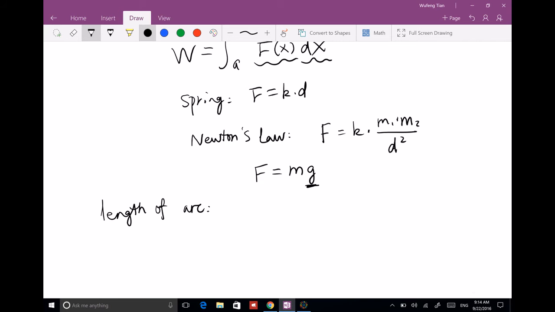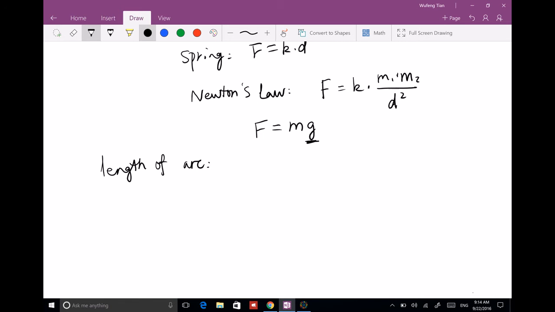Length of arc: you basically have a length there. You want to divide this length into small pieces of segments, and then you add all the segments together to get the length of the arc. So you can use L as the length of arc.